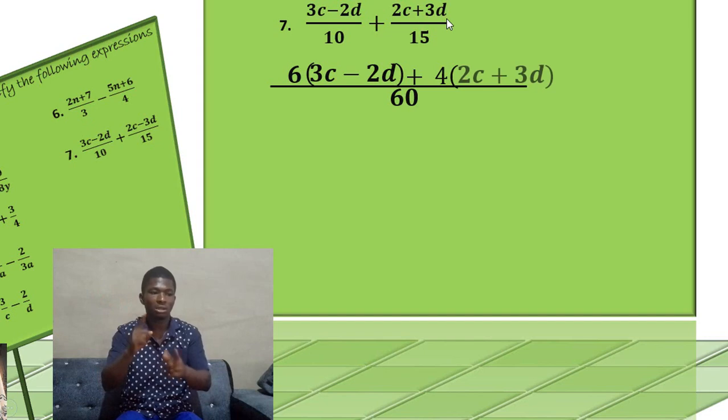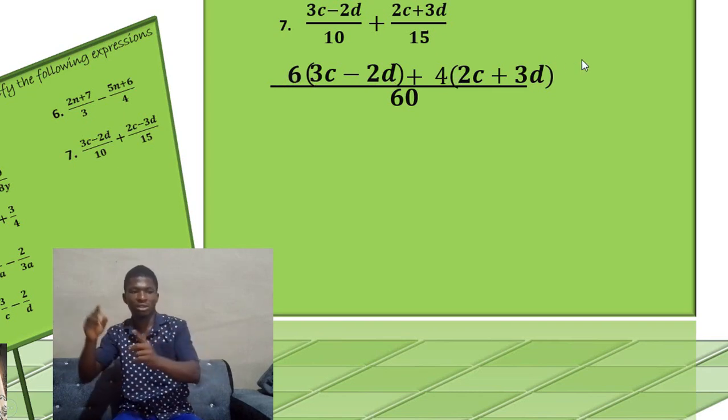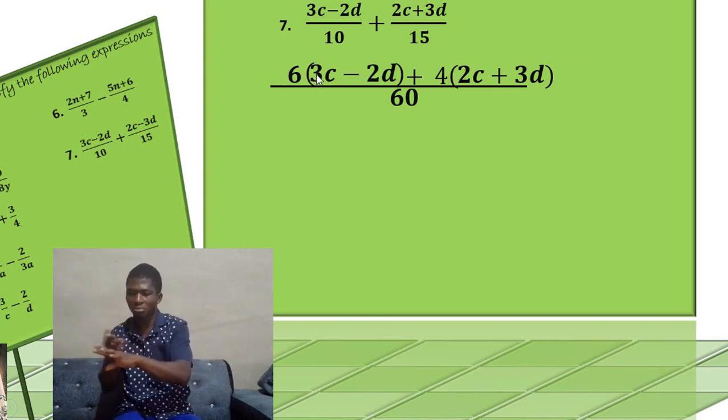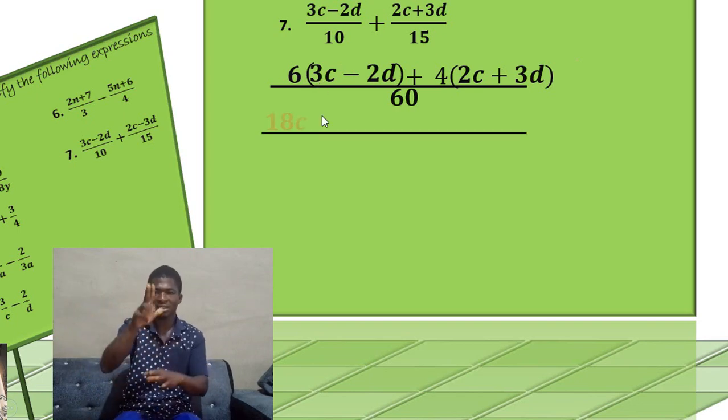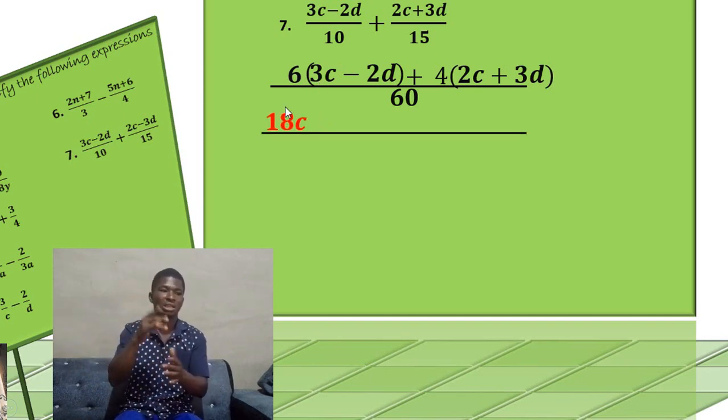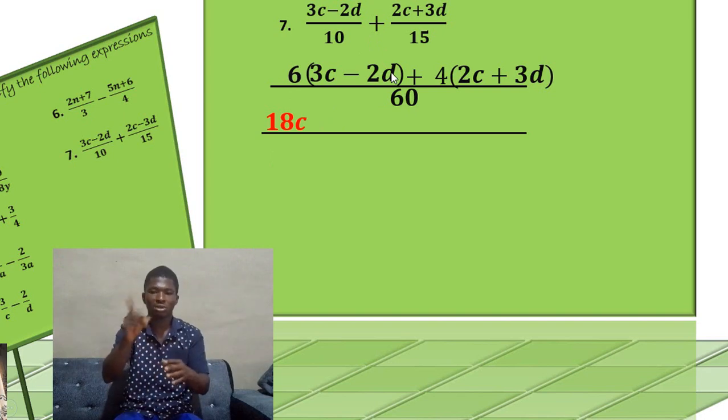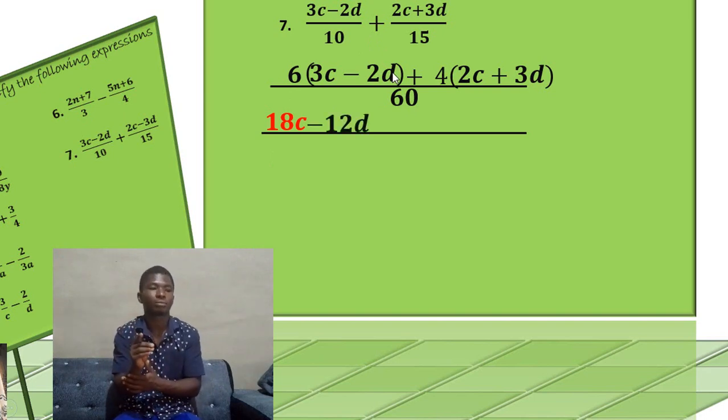Then you close the bracket. Now let's undo our brackets. 6 multiplying 3c is 18c. 6 multiplying 2d is 12d. Now 4 multiplying 2c is plus 8c.